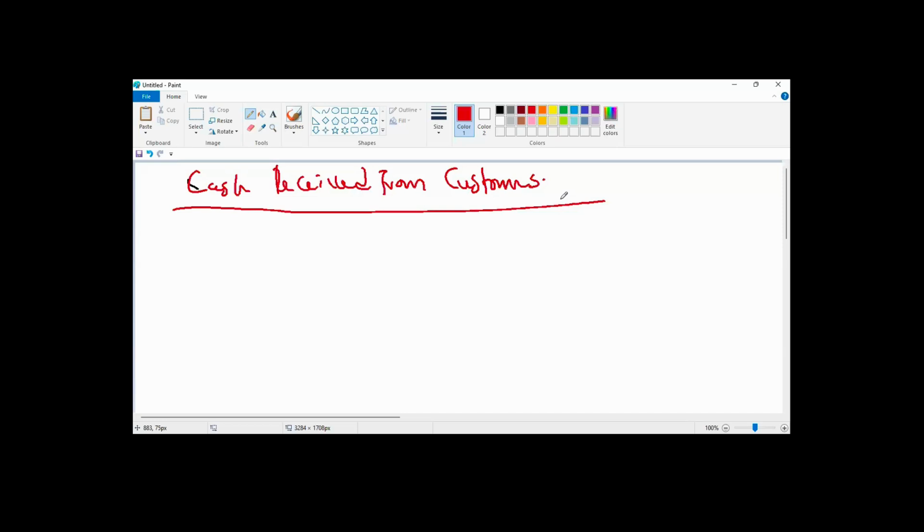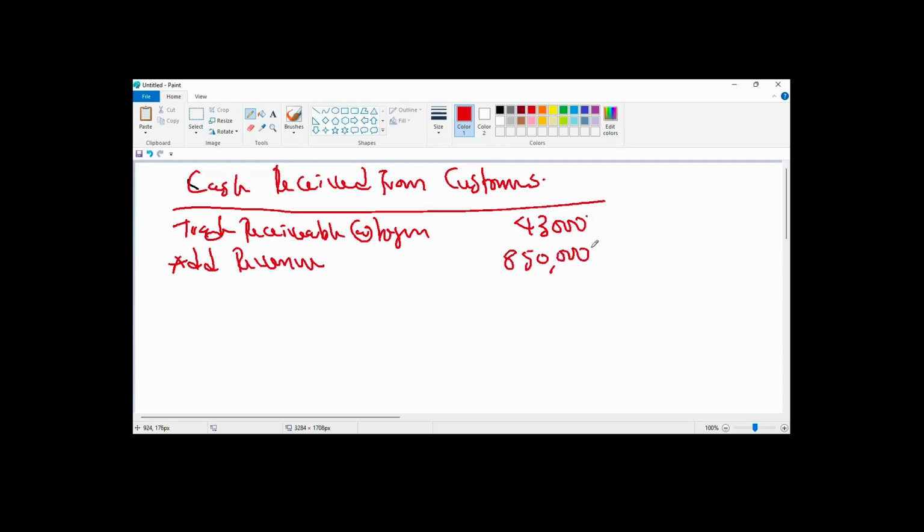So trade receivable at the beginning, 43,000. Add revenue to it, 850,000, gives 893.